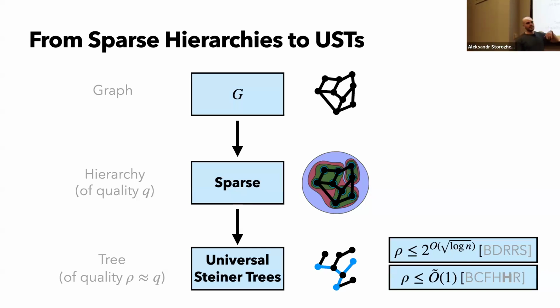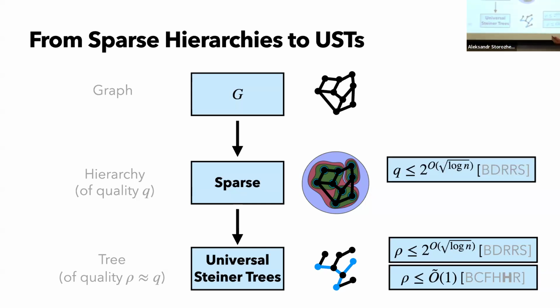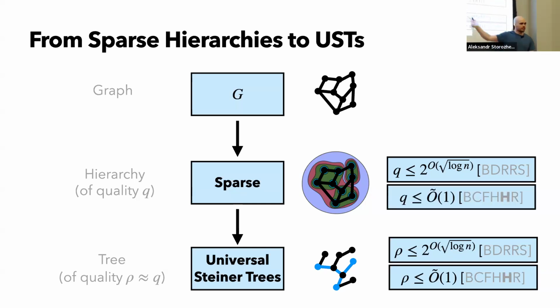The prior work showed that you can get quality of these hierarchies of 2 to the root log n, and we showed that you can improve that quality to polylogarithmic. So ultimately all the gains in our result are going to come from improving the quality of these hierarchies.